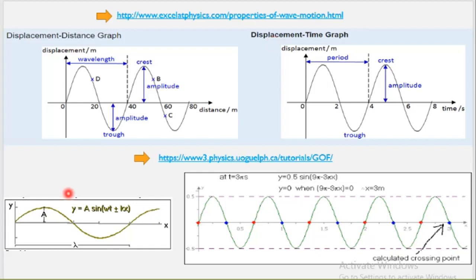Now, if you observe carefully, this equation has three variable parameters, that is y, t, and x, and omega and k are some constant parameters.